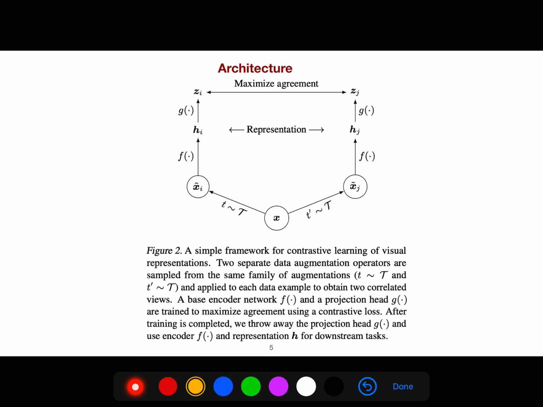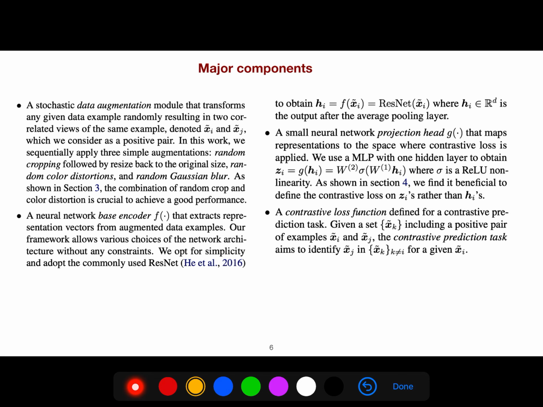So this is the architecture. Like before, we do augmentations, but we do one more nonlinear transformation here, and we maximize the agreement. It has major components. For example, a stochastic data augmentation, and a neural network base encoder that extracts representation from augmented data examples. For example, they use ResNet to obtain that f that I told you.